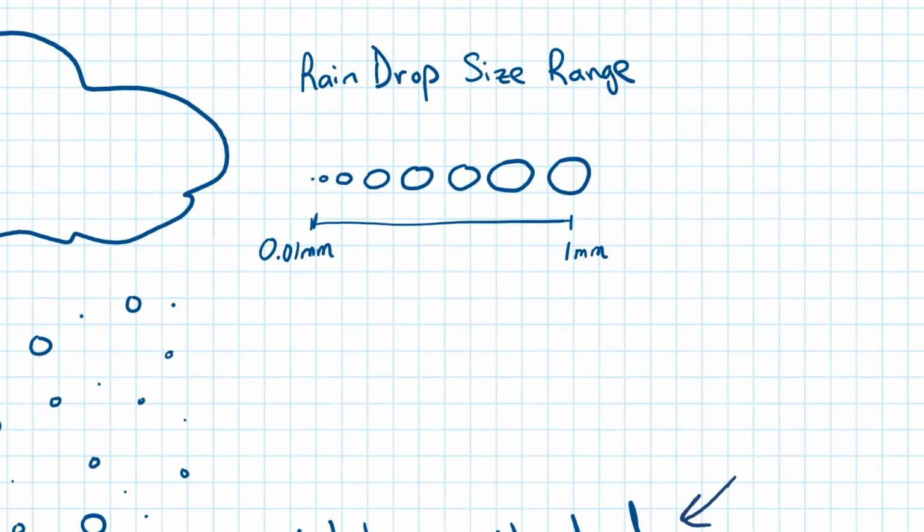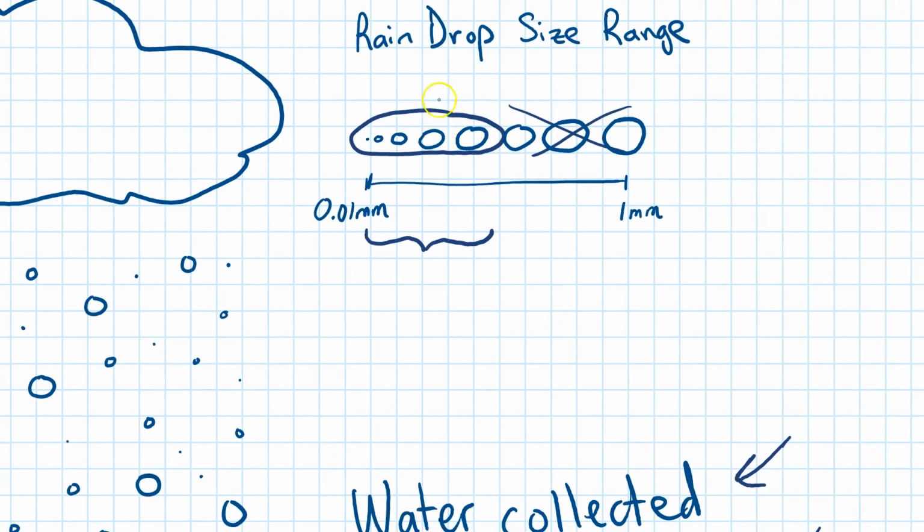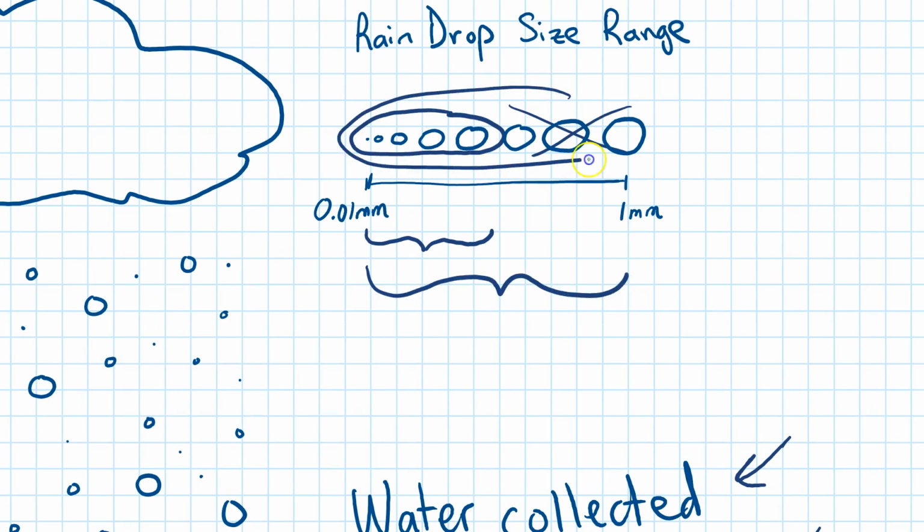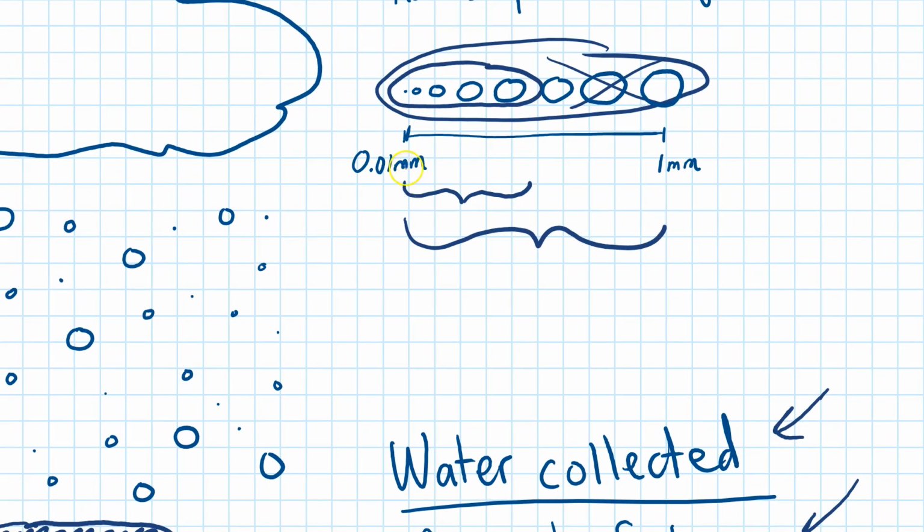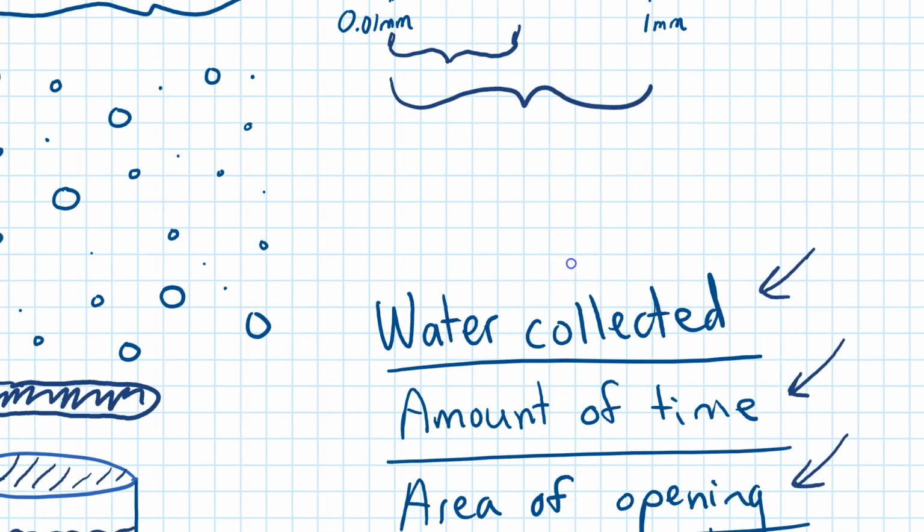So if we come up here and look at our drop size range, for example, if your filter let in these drops and wouldn't let in any of these, then you'd only get water from these guys, right? But if you let in all of these, well, then you're going to be getting more rain in your bucket. So the range of drop sizes is important in terms of reporting out what you actually collected in your bucket.